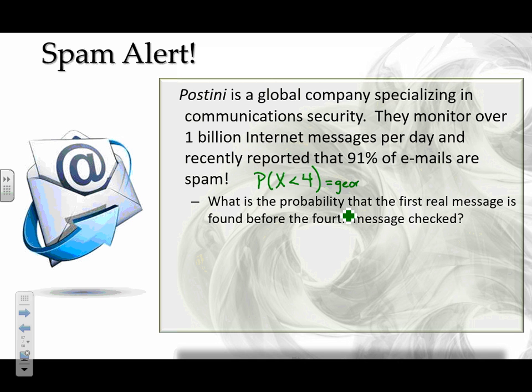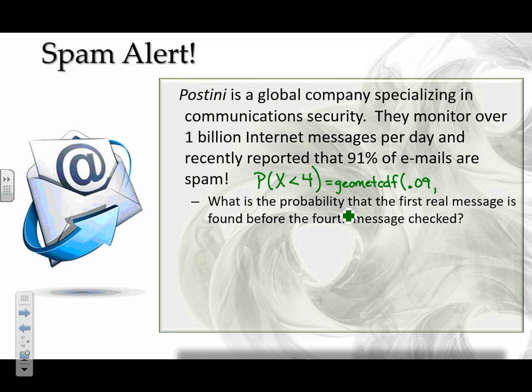So go back into your second vars. Scroll up, go to Geomet CDF. And now we type in our probability of success, 0.09. And now if we want the probability that X is less than 4, where do we stop ourselves?